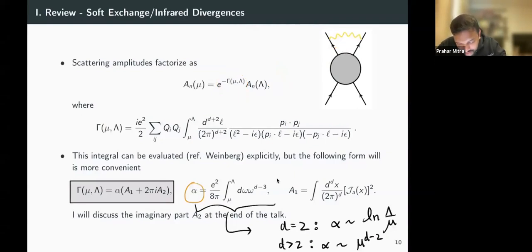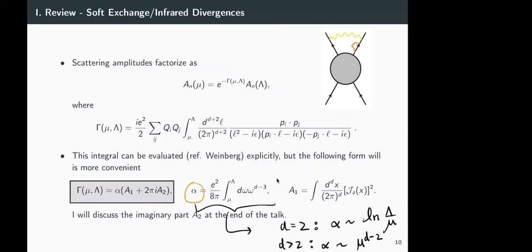Suppose something like this. So what would I have to do here? Let me think about this. Is the diagram you're looking at something like this?